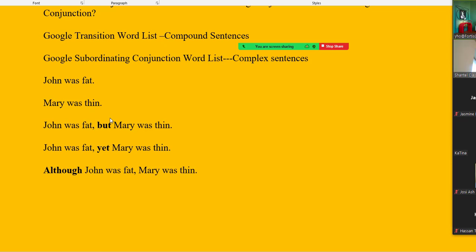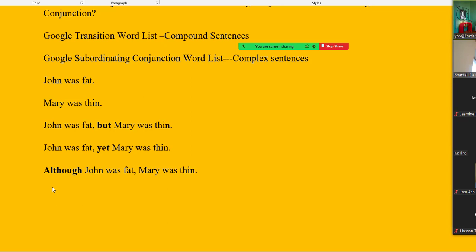Those are the coordinating conjunctions that indicate that you have a compound sentence. And every time you have a compound sentence, you always have to have a comma before the coordinating conjunction. What kind of sentence is, although John was fat, Mary was thin?